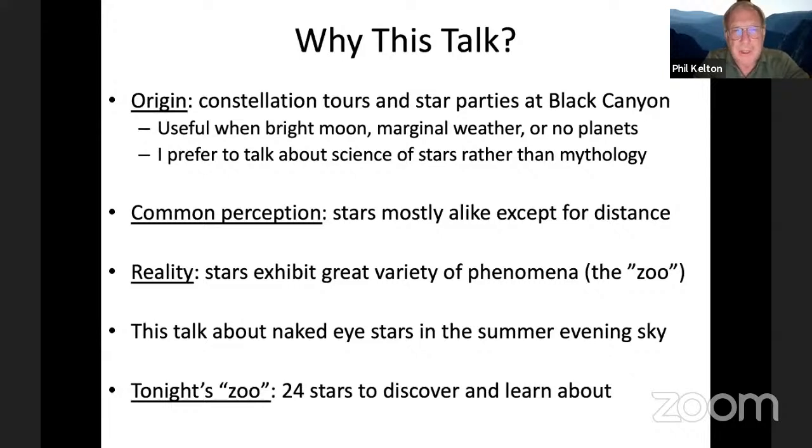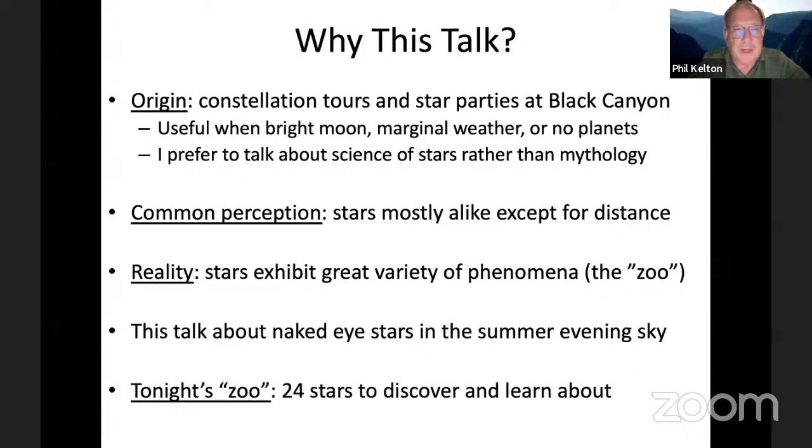And so I decided in those times, I'd start talking about the bright stars. I finally decided to just produce a talk about some of the bright stars in the sky and learn more about them.